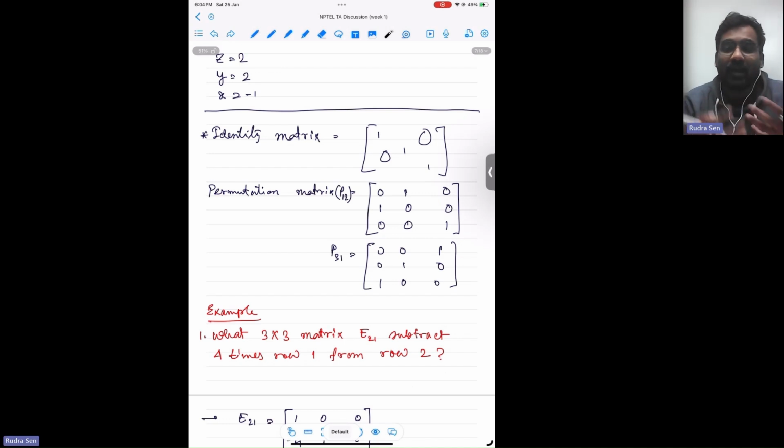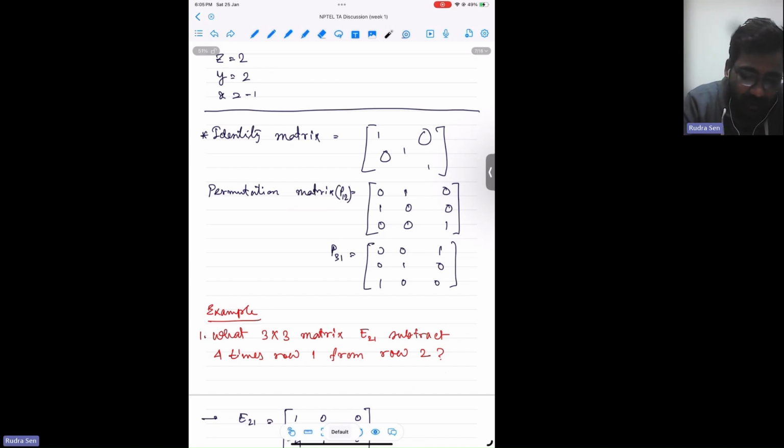So how does MATLAB or this language basically do this whole thing? We know there is an identity matrix where all the diagonal elements are 1 and all the off-diagonal elements are 0. Now there is something called a permutation matrix, which is basically the identity matrix with exchanged rows. What does it mean?